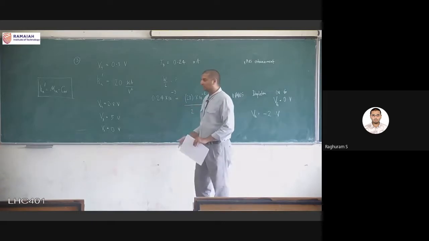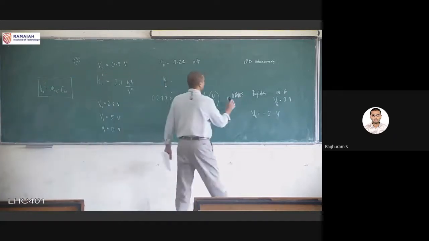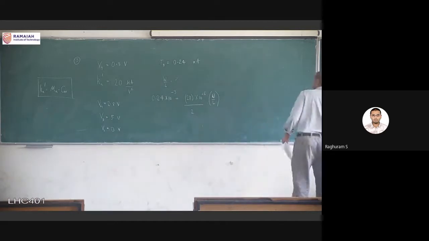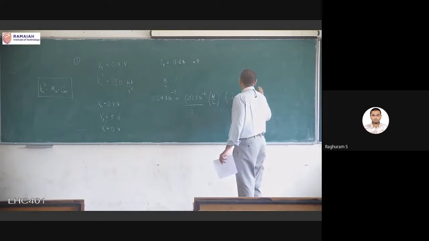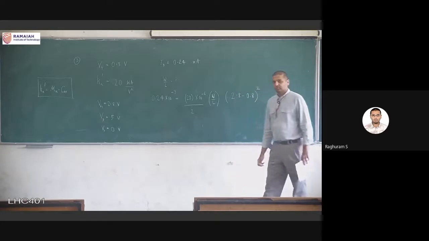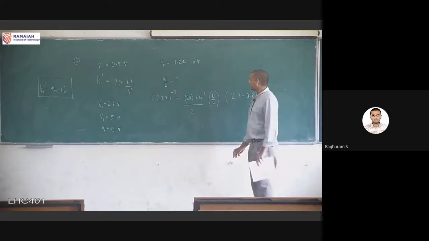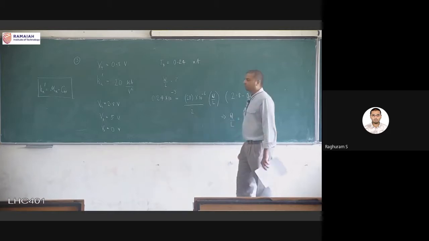This is the equation. The whole into VGS 2.8 minus the whole square. So this is the equation that I can use, and directly if you solve for W by L, I think you should get 6.